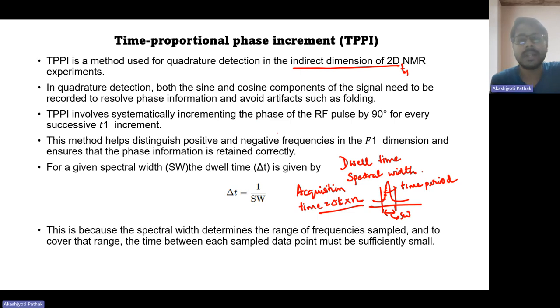This method will help in distinguishing the positive and negative frequencies. When we were Fourier transforming the T1 period, we were getting both the positive peaks and the negative peaks. Now, how will you distinguish between them? For this, this method is applied, and this will ensure that the phase information is retained correctly.